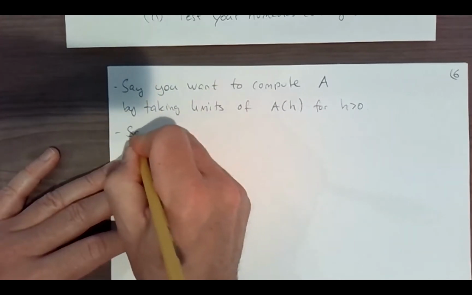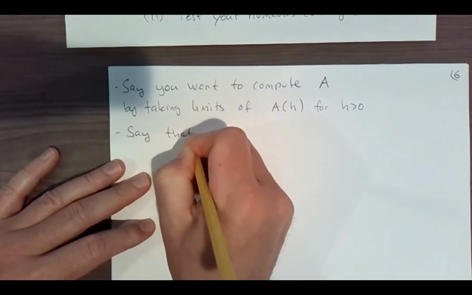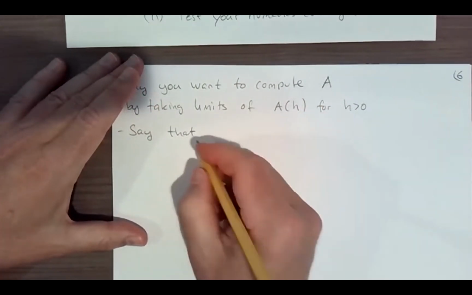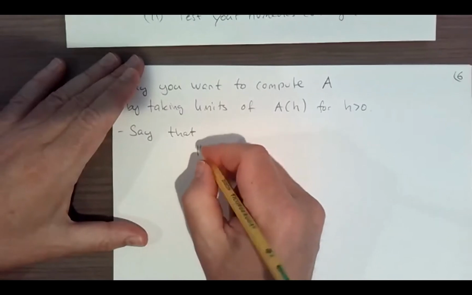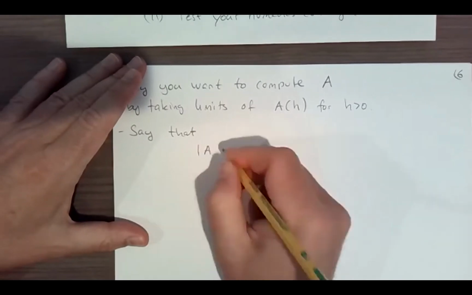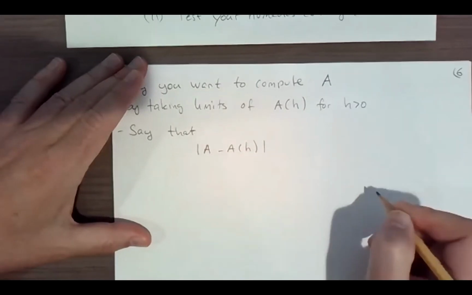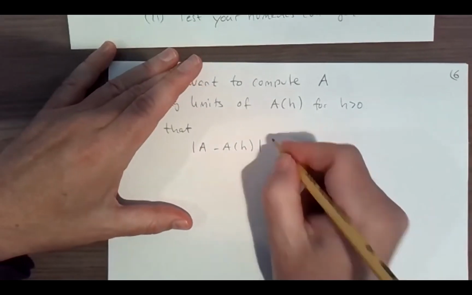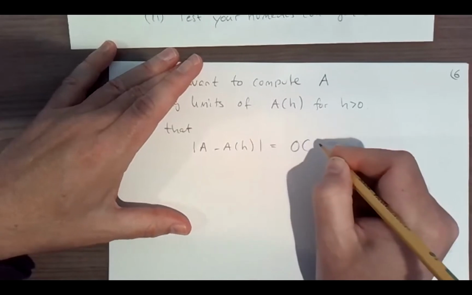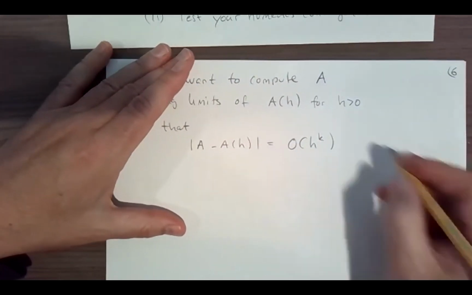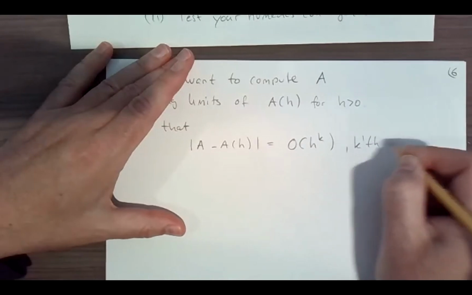Say that these two are linked by an error, A minus A(h). That difference is O of h to the power k. This is the kth order.